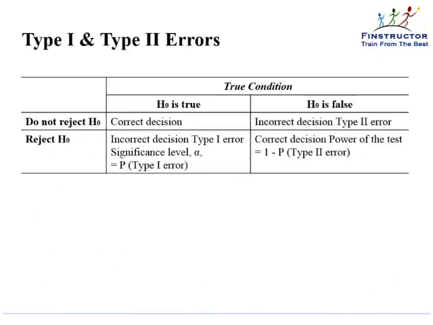Now, is it possible that the machine was fine? When the technicians came and they checked, they found there was no problem with the alignment. They had to do nothing. So we conducted a hypothesis test. We rejected the null and we shut down the machine. Is it possible that actually the machine was fine?